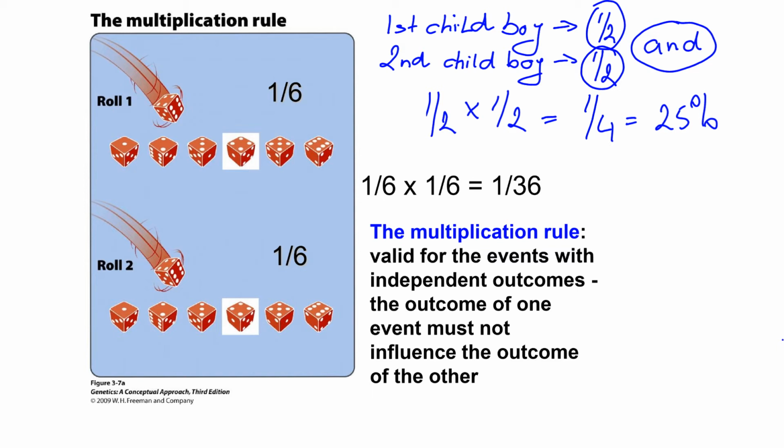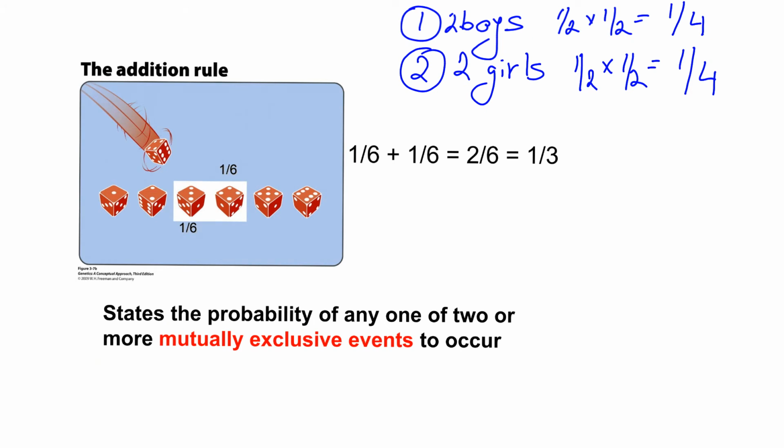The second rule we can use to predict the outcome of genetic crosses using probability is the addition rule. So where do we use the addition rule? Let's say you ask the question, what is the probability to get number 3 or number 4 once you throw your die one time?